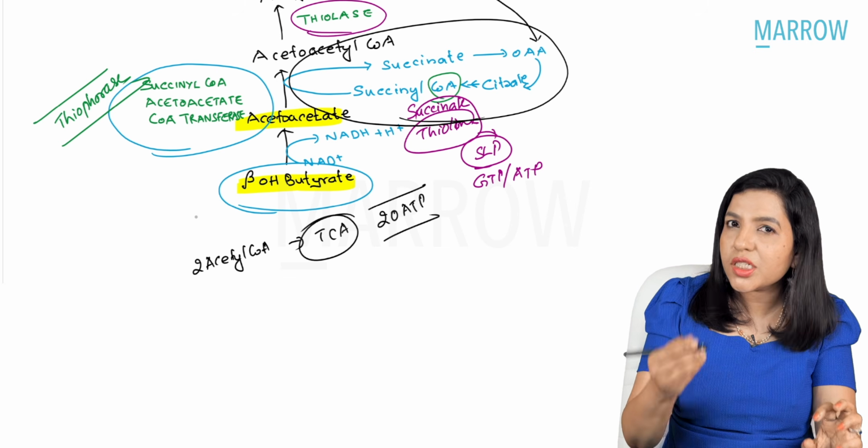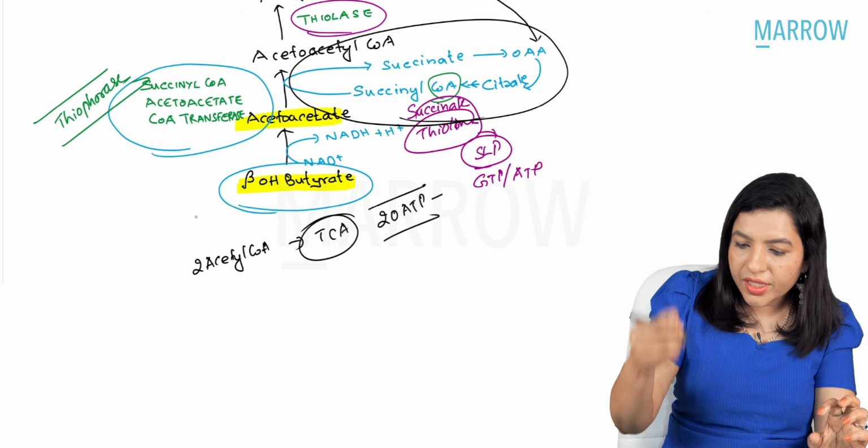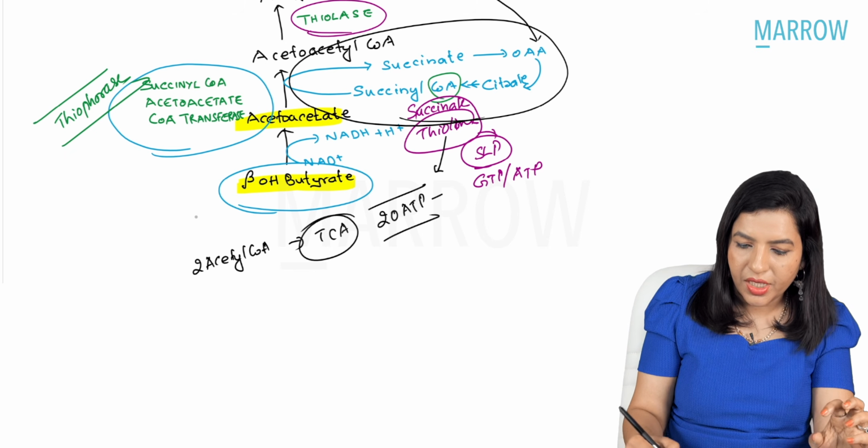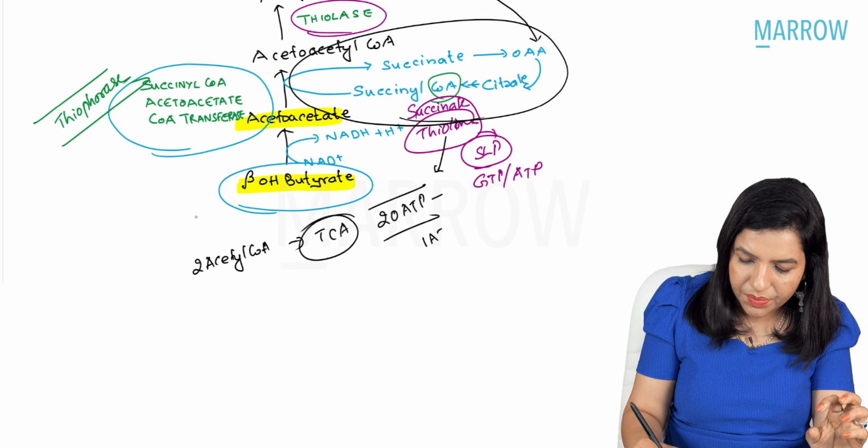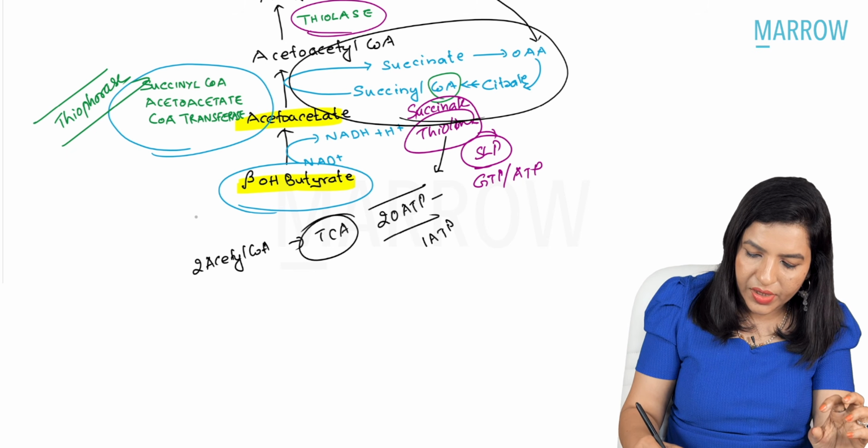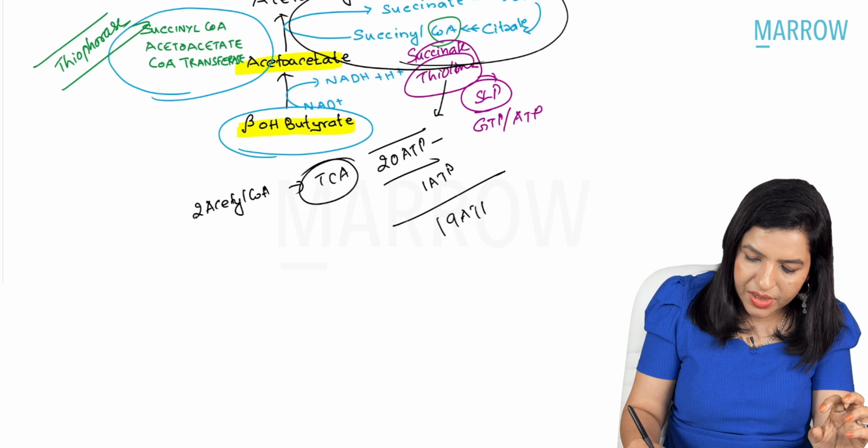So what we expect is 20, but we are not getting the succinate thiokinase step, and hence we have to minus 1 ATP from there. So net we will get only 19 ATPs from what?